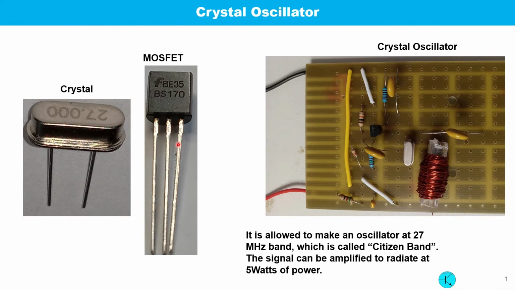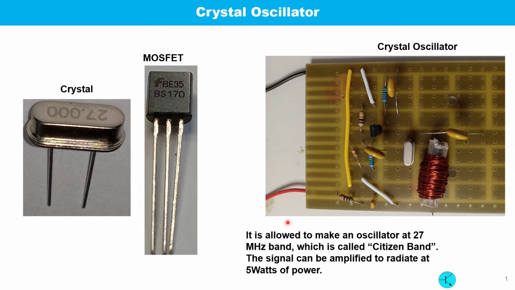Making an oscillator circuit at any desirable frequency is possible. However, to transmit a signal over a distance using an antenna is allowed only in certain bands, like 27 megahertz. It is called a citizen band and ranges from 26.97 to 27.4 megahertz.